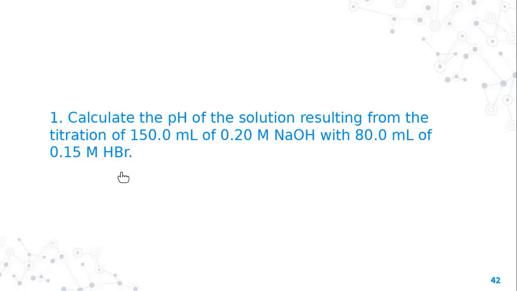And then you want to divide that by the total volume in that scenario. In this case, it would give you H3O plus concentration, do the negative log, and you'll get your pH.